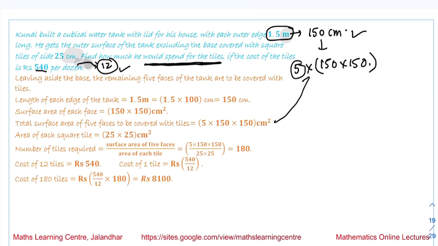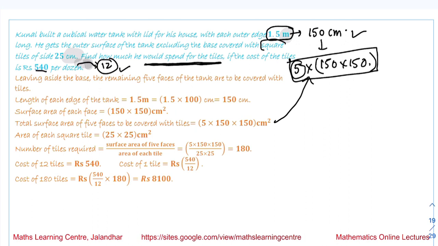So this is the total area that he wants to cover with the tiles, multiplied by 5, because it is 4 walls and the roof. He doesn't want to attach the tiles to the bottom of that tank. So we are saying it is 5 into 150 into 150. This is the total area that is to be covered. Now what is the area of each tile?